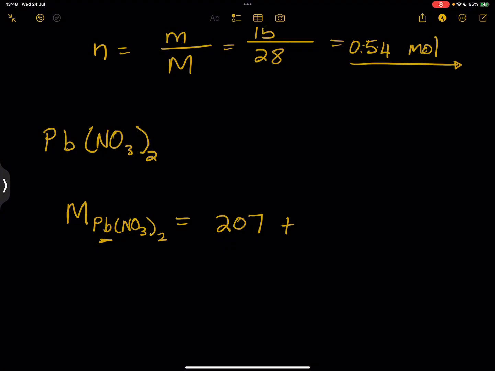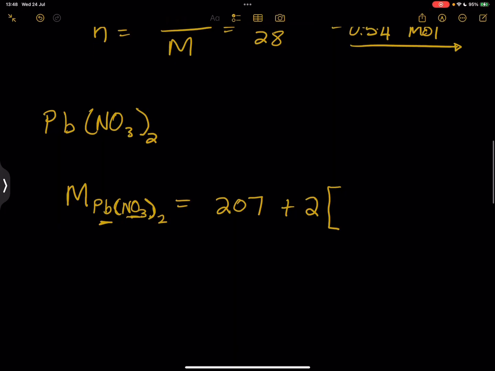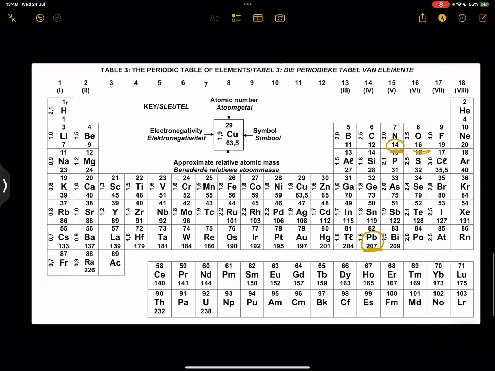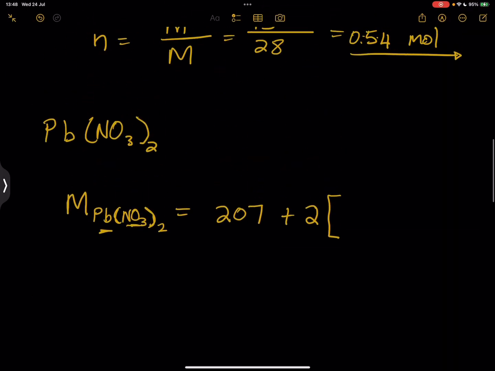Now notice we've got a 2 that is outside the bracket. So I'm going to put the 2 here and open a bracket. That means inside the bracket we've got nitrogen with 3 oxygen. Nitrogen is 14, and oxygen is 16. So in the bracket we've got 1 nitrogen, which is 14, plus 3 oxygens, so that's 3 times 16.